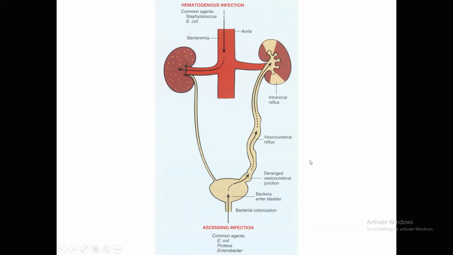The penetration of the infectious agents may be achieved through the blood system. In bacteremia, this is common for immunocompromised persons and neonates. More commonly, the penetration is achieved through the urethra, the urinary tract.